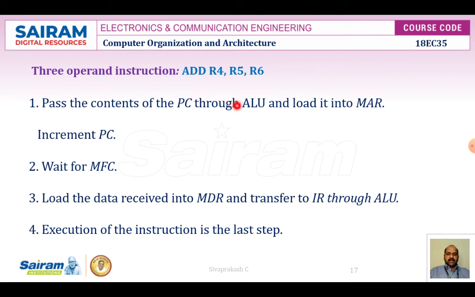It waits for the memory function to complete, then transfers the data into the memory data register through R=B, and then into the instruction register. Finally, the execution of the instruction is completed in one step. By providing more paths for data transfer, a significant reduction in the number of clock cycles needed to execute an instruction is achieved.